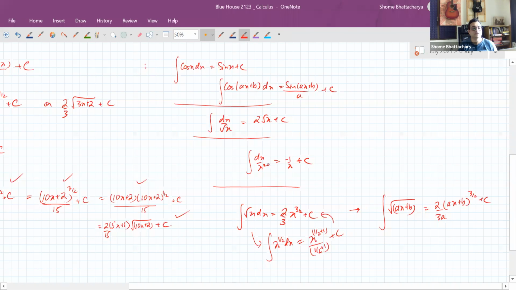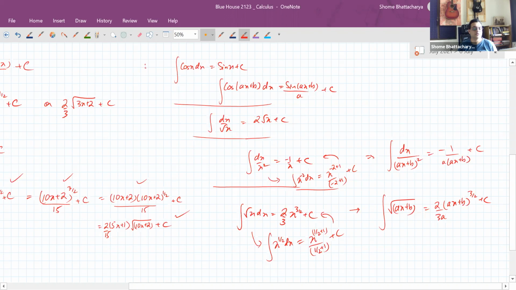Okay. Similarly, this one comes from the fact that this is integration of x to the power minus 2. So that is equal to this, okay, which gives you this. So therefore, integration of 1 upon some linear term square will become this.